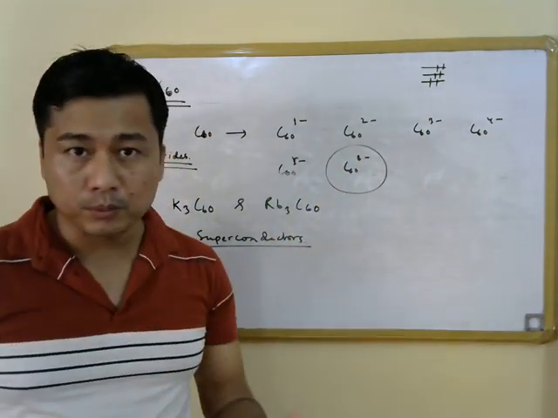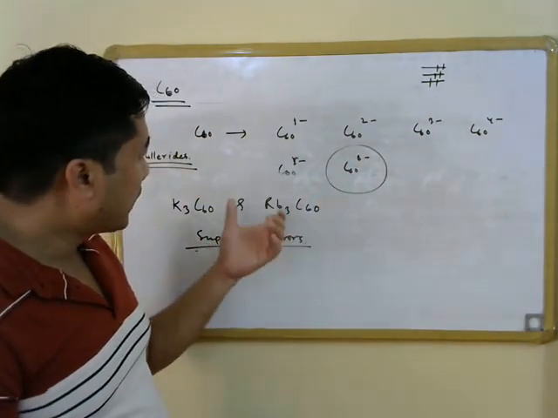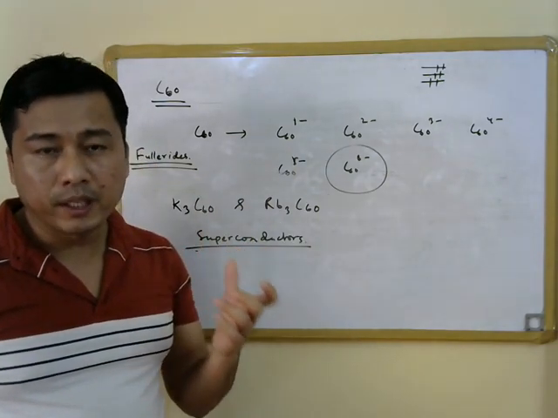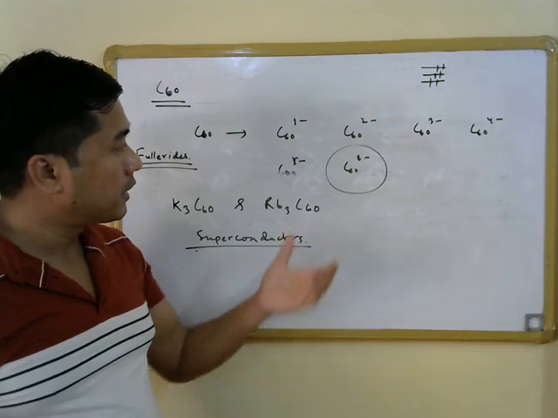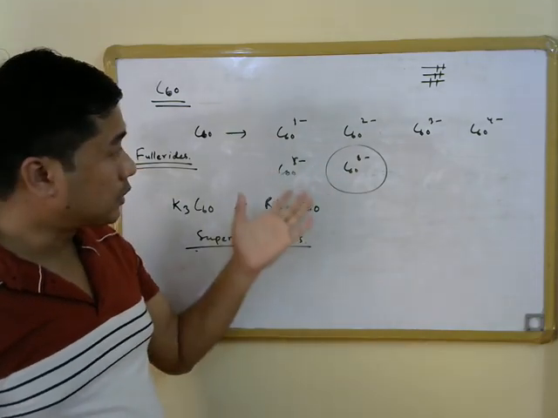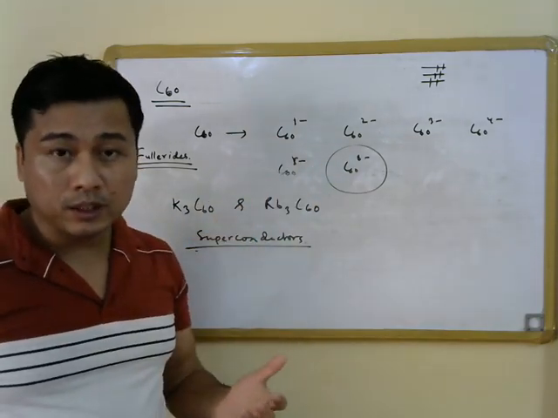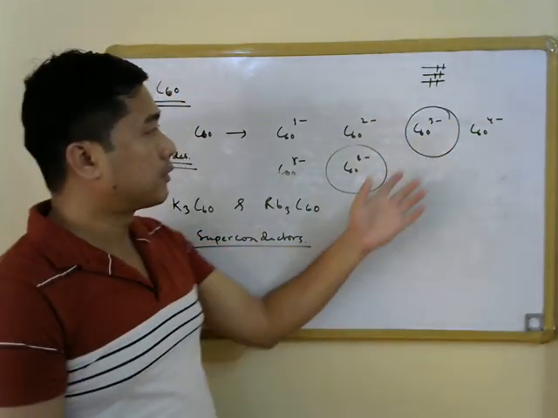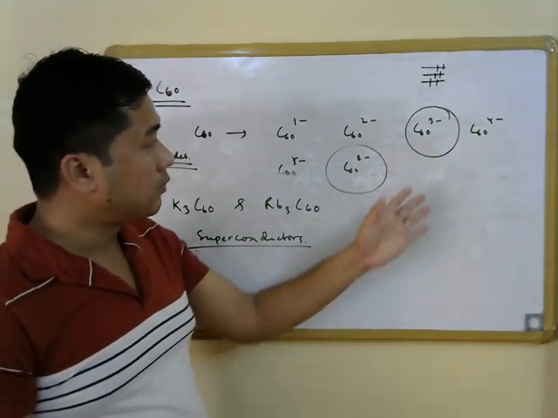We have also seen the interesting electrical behavior of these fullerides, because the electrical conductivity increases up to C60 3-negative, but after that, if you reduce further, the conductivity decreases.